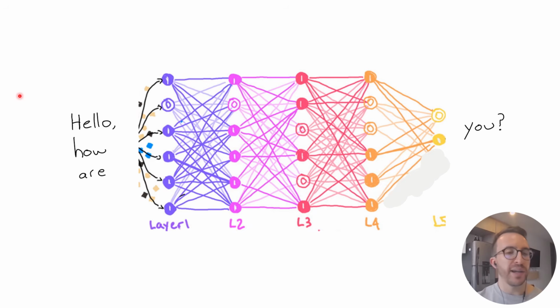Remember how I explained how you can take an image and pass it into a neural network by just passing in each individual pixel value? And then I also explained how you can output a classification by basically outputting percentages. Here, I'm going to make a claim that just like you can pass in an image, you can also pass in text. And just like you can output a classification, you can also output a single word.